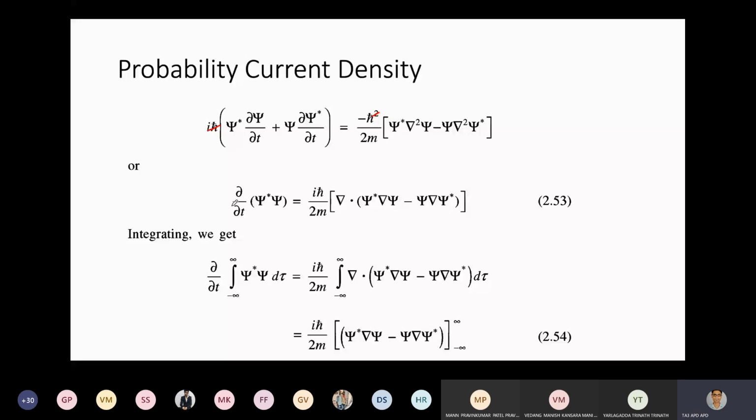So if you take an integration, ∂/∂t of the integration from minus infinity to plus infinity of this term, ψ*ψ over a volume element dτ.